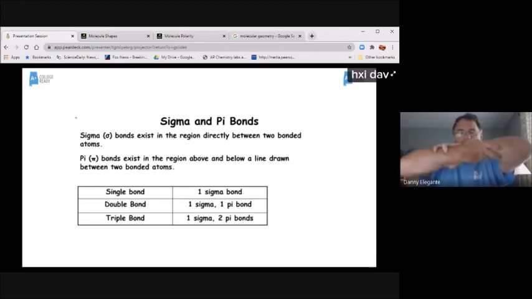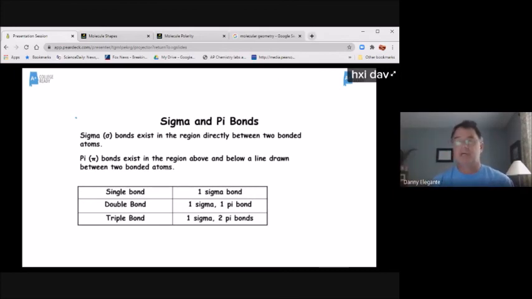So I'm grabbing my arms. That overlap is a single bond. When 2 orbitals overlap like that, we call that a covalent bond, right? And those electrons are being shared. And that first one that forms is always called a sigma bond, and it runs right in between the 2 atoms.